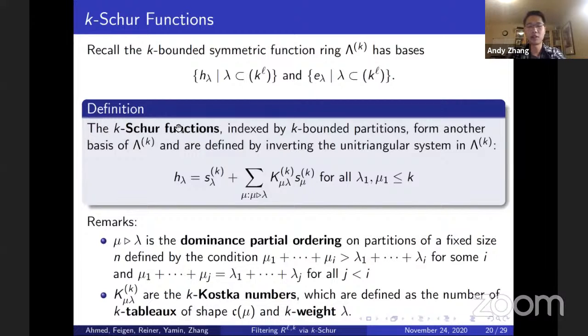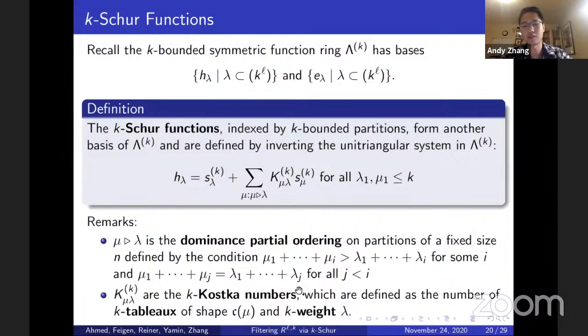Traditionally, the Schur functions in Schubert calculus were defined by inverting the unitriangular system in the symmetric function ring Lambda, where you take the coefficients to be the so-called Kostka numbers. And here we define the k-Schur functions similarly, just by replacing the Kostka numbers with the k-Kostka numbers.